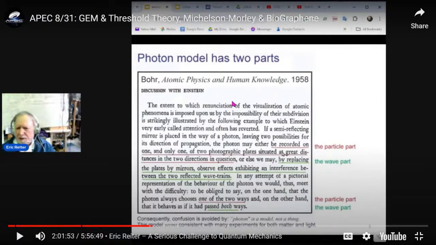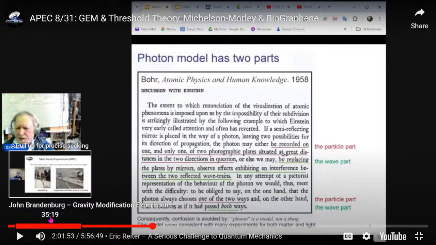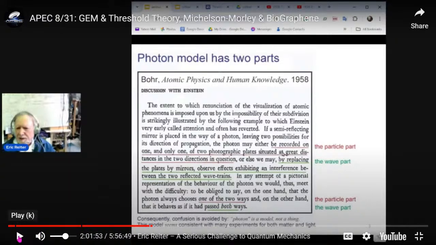I would say Bohr is the last person you would want to listen to. I think Einstein felt Bohr was a friend because Bohr was half Jewish and was anti-Nazi, and that was the foundation of the friendship.